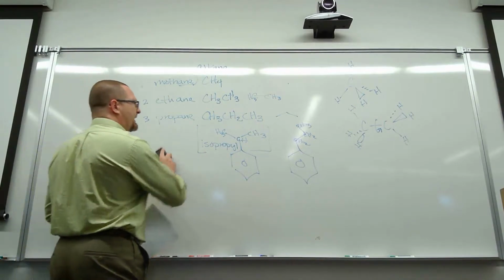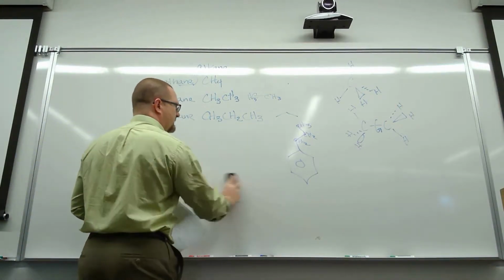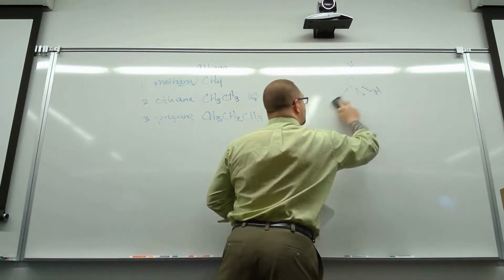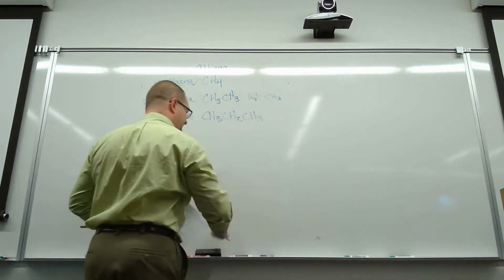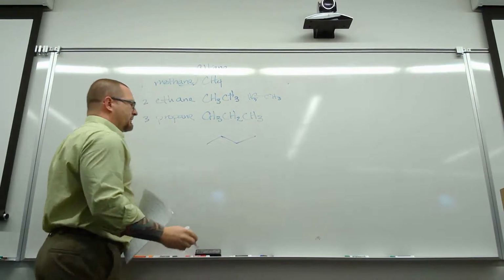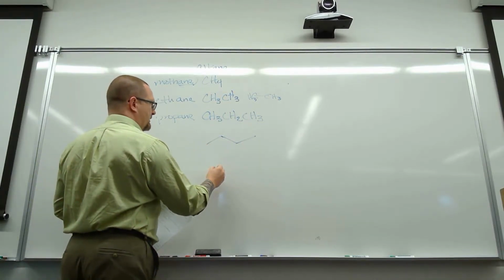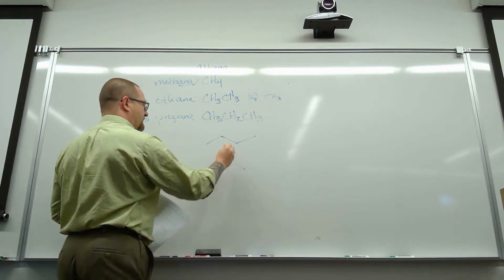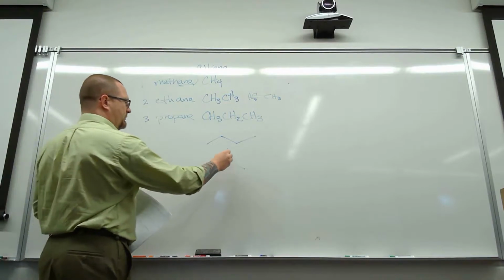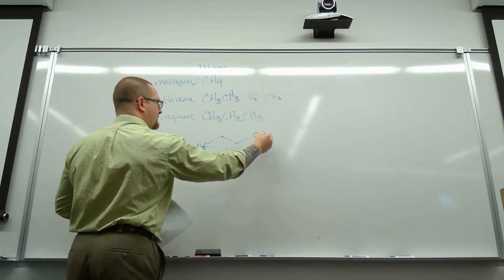And let's see what happens when we add another carbon. So with butane, with only 4 carbons, we have 1, 2, 3, 4 carbons possible. We could also have something that looks like this. This has 1, 2, 3, 4. So notice terminal methyl groups.